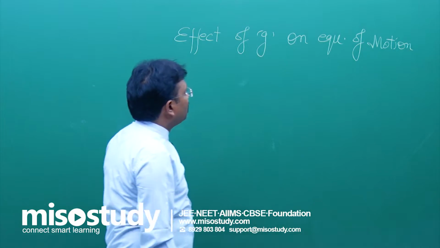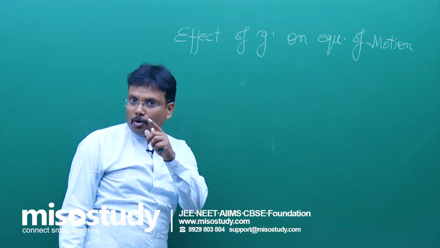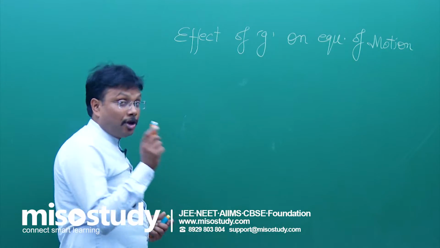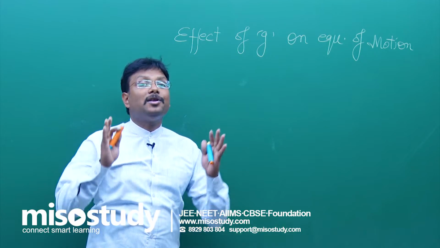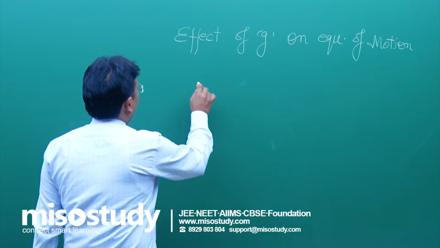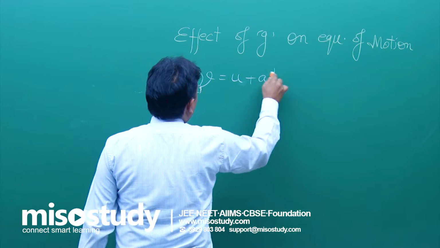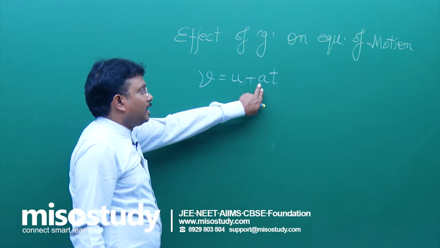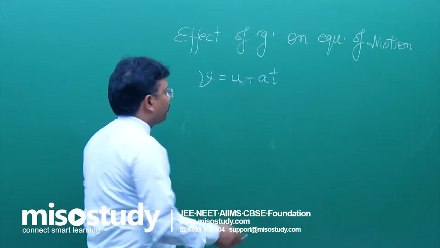Now, I am sure in the first chapter of physics, that was chapter number 08 in your book, I mentioned three equations and also explained the graphical method for deriving those results. So, here V is equal to U plus AT. A is acceleration because of the action of the force.